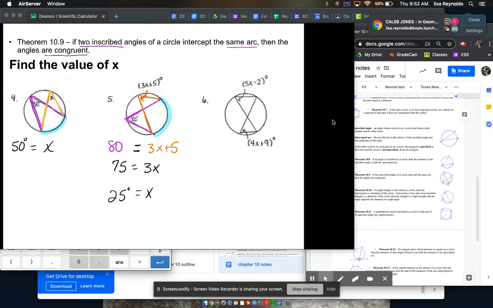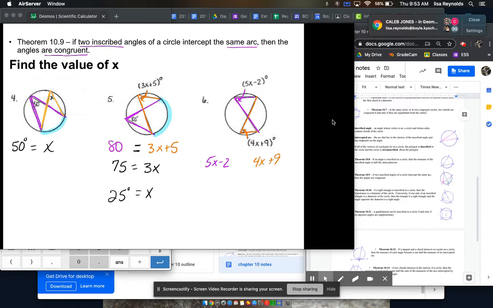So we look at the next problem. So the 5x minus 2 is measuring the angle at the top left, and our 4x plus 9 is measuring the angle at the bottom left.